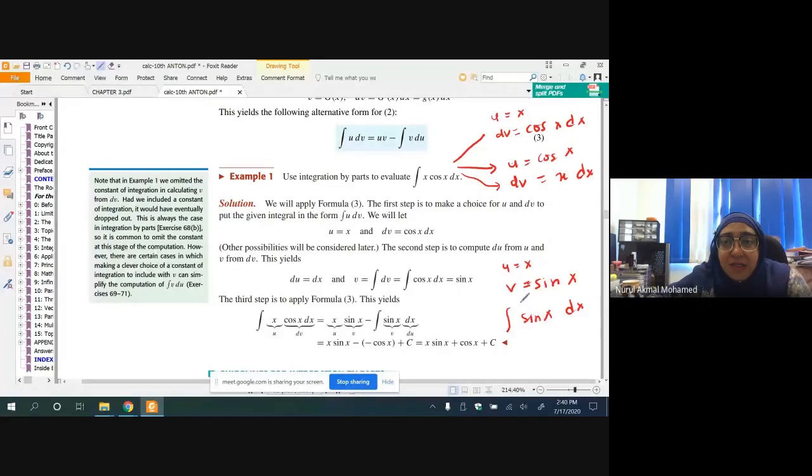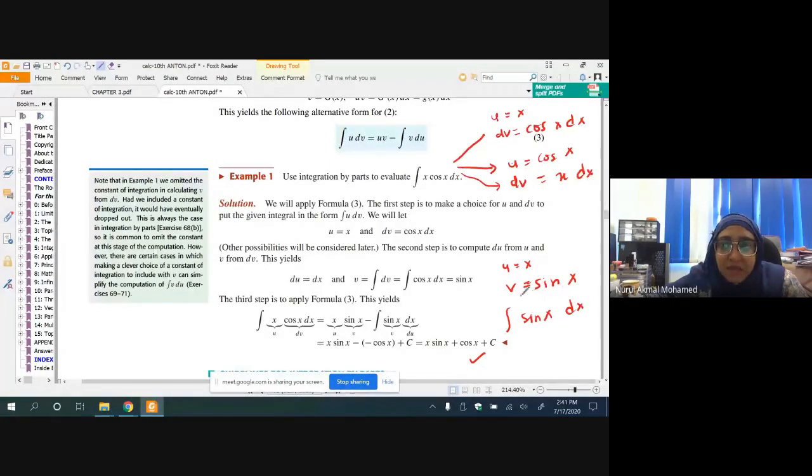This is easy because it will give you negative cos x. So the purpose of using integration by parts is to reduce the multiplication x cos x into another integral with a simpler form, which is much easier for you to integrate.